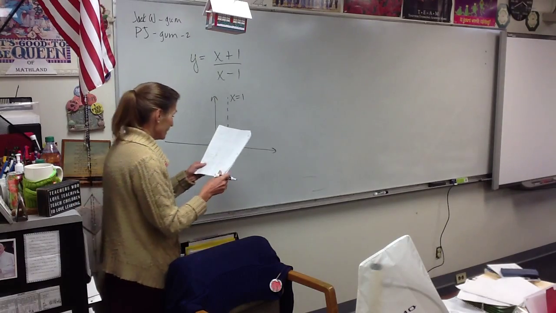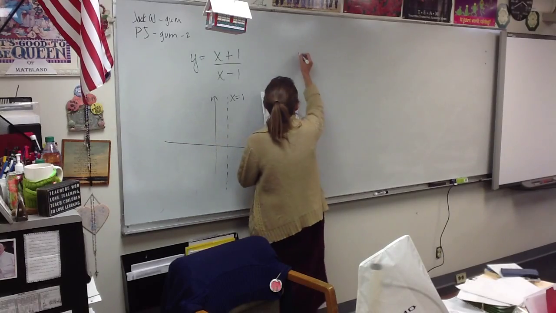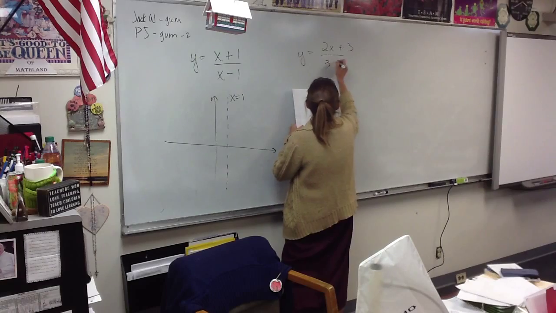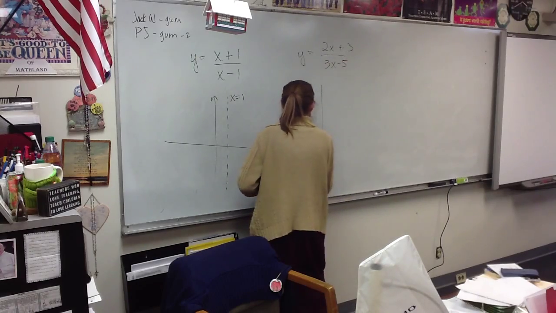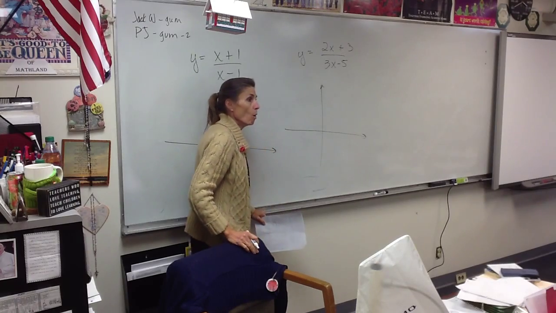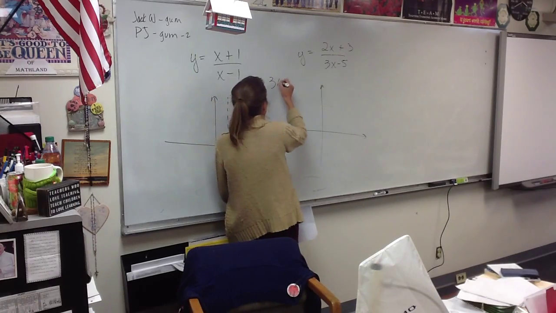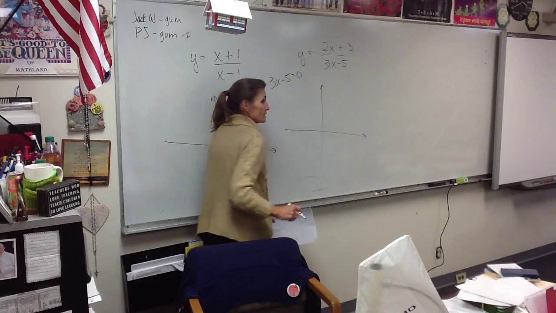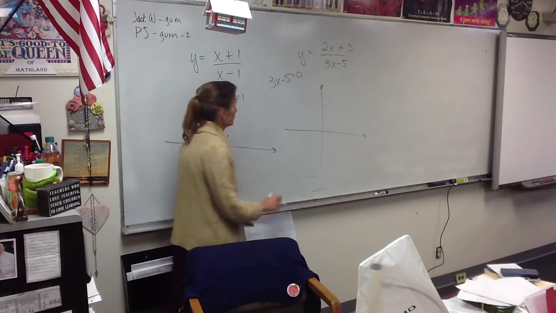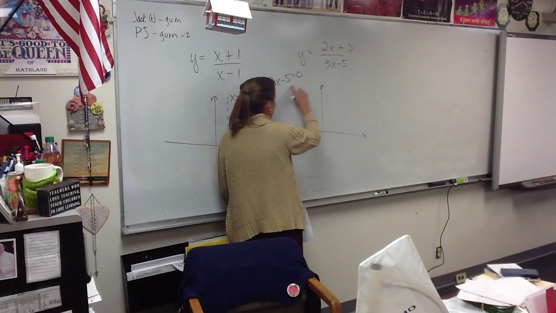Okay, let's look at the next one. Where would this vertical asymptote be? What would make 3x minus 5 equal to 0? What would make that equal 0? Can you solve that equation?